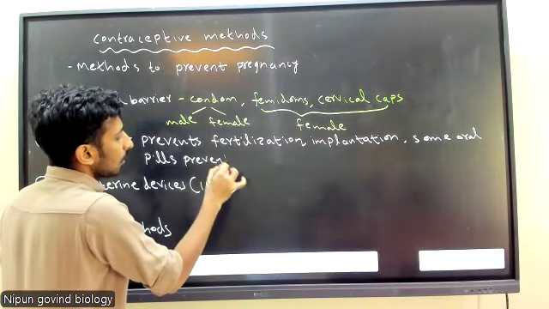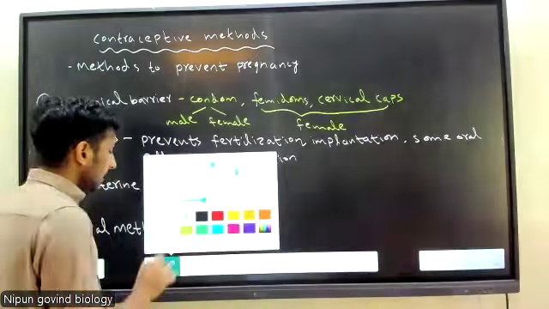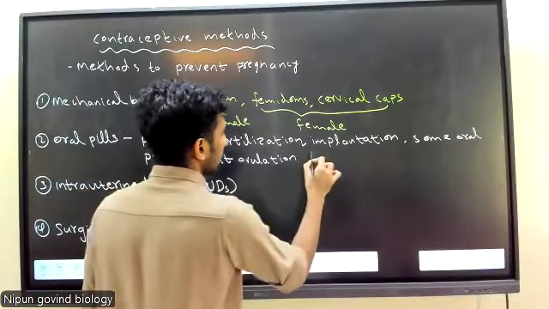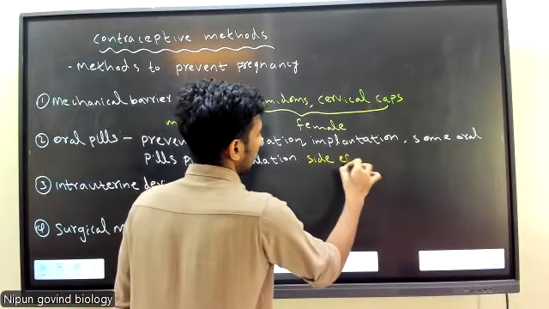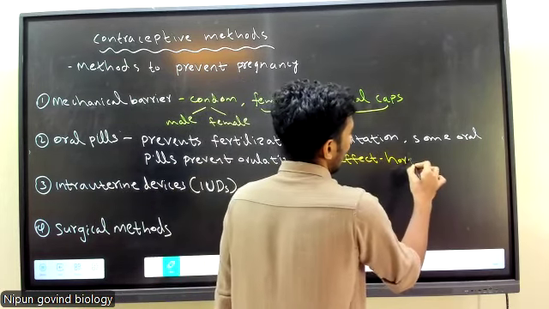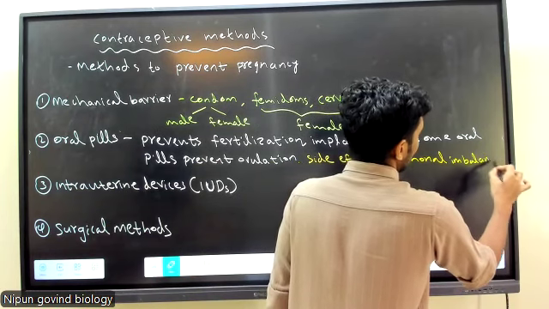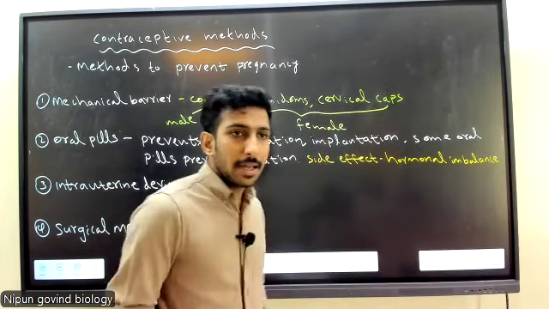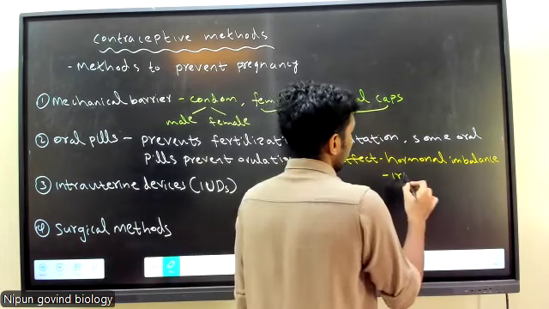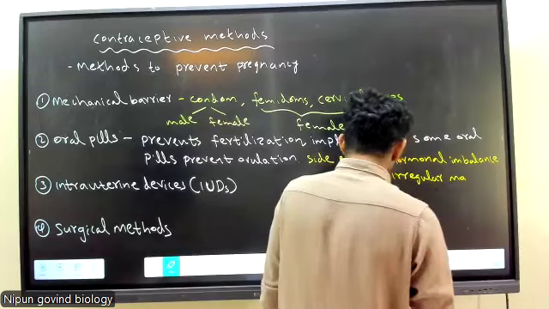And there is a side effect for oral pills. The side effect is hormonal imbalance. There will be hormonal imbalance in women, and there will be an irregular and painful menstrual cycle.